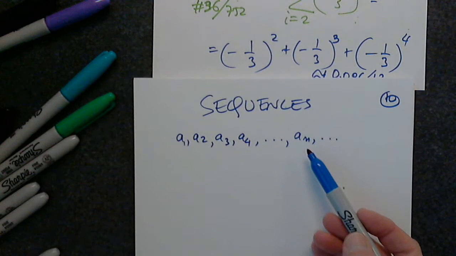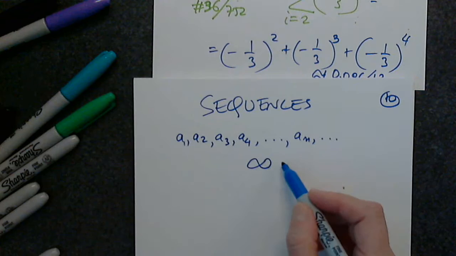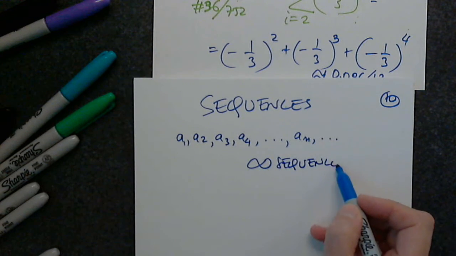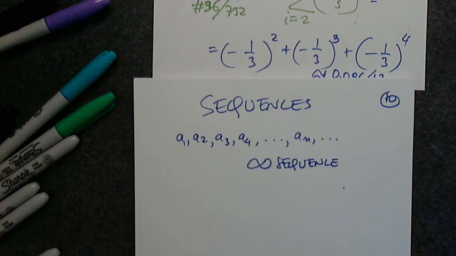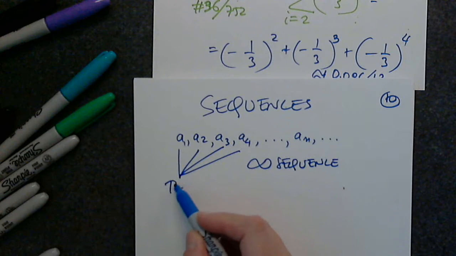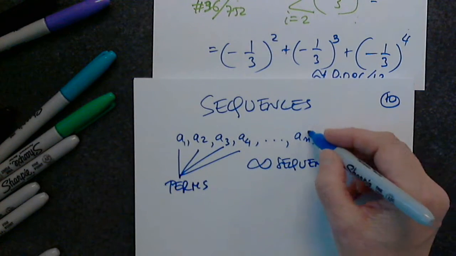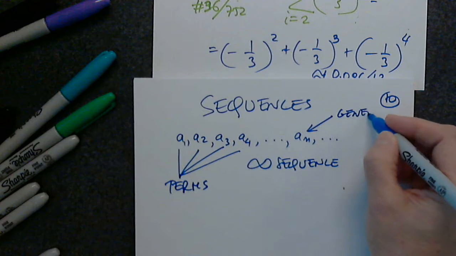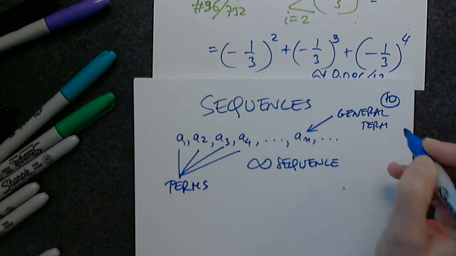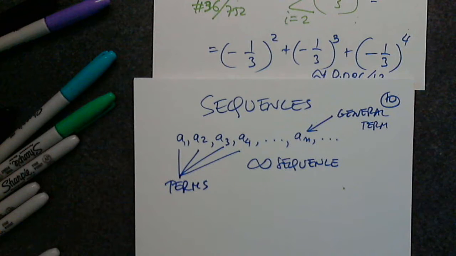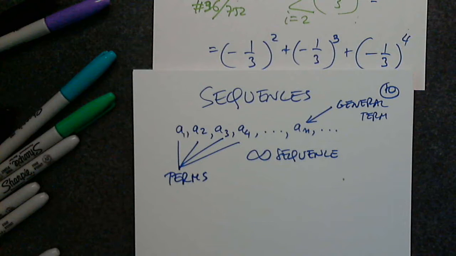As you see, this does not stop at n, so it's called an infinite sequence. These are called terms. This is called a general term. And all it is, is a function, nothing else but a function whose domain is the set of positive integers.